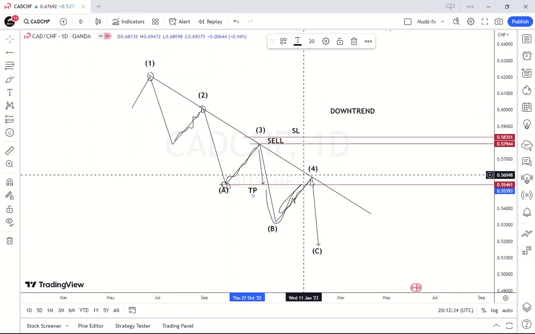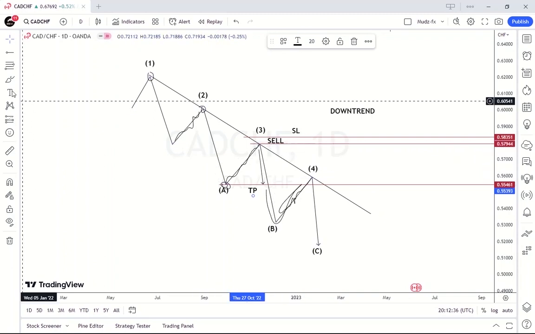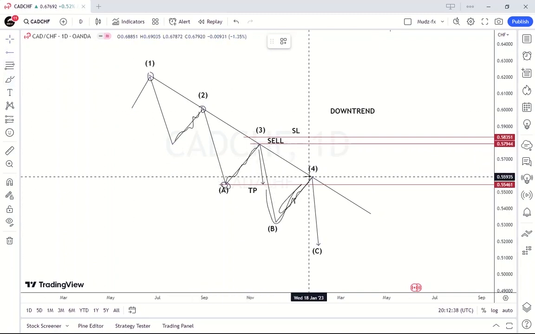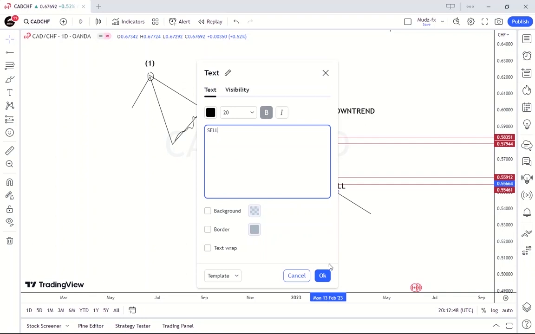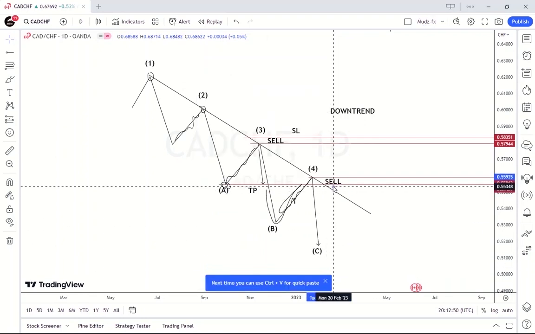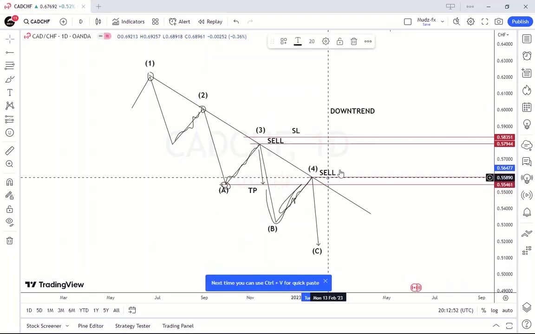So from this 4th lower high, we do the same thing. We sell from this lower high.